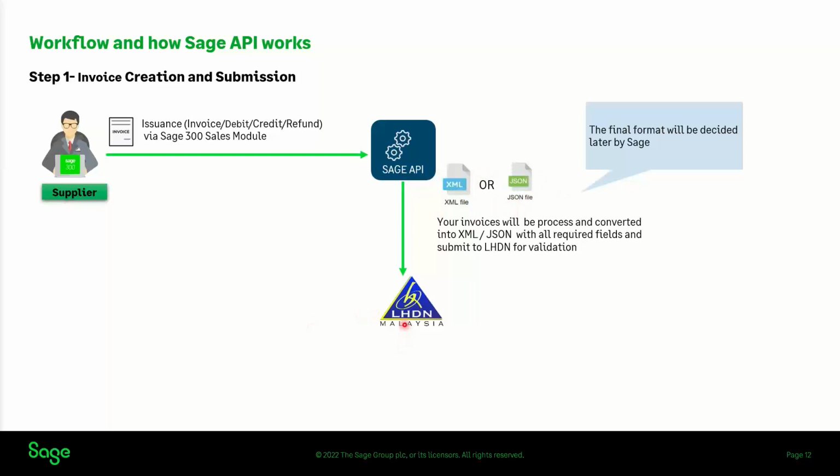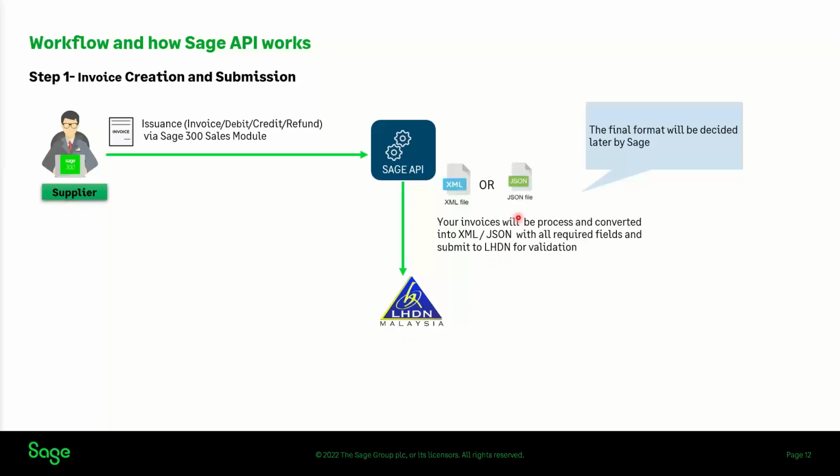If you submit your e-invoice in another format like PDF or Word, 100% for sure it will get rejected. After your invoice has been converted into XML or JSON, Sage API will send it to LHDN Malaysia for validation.